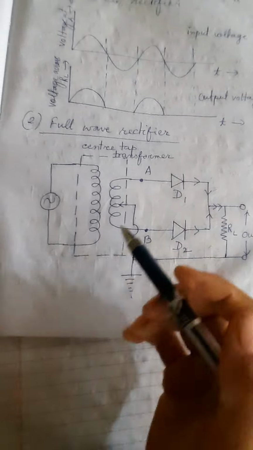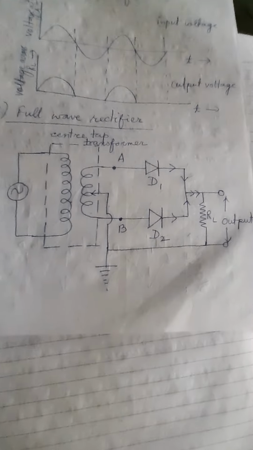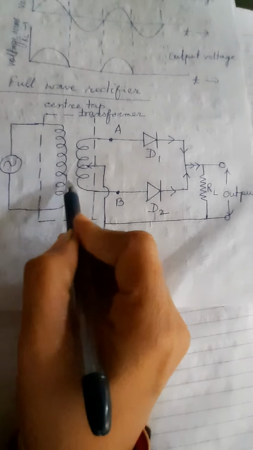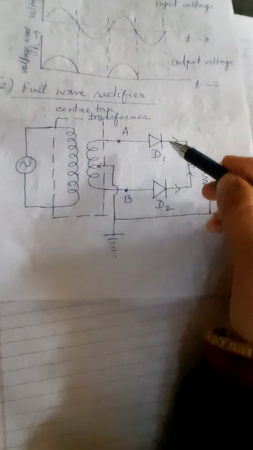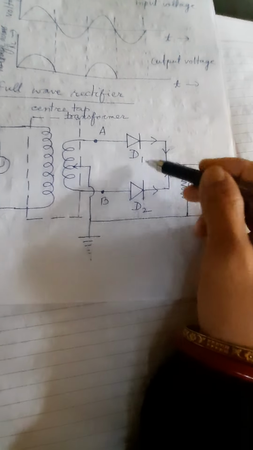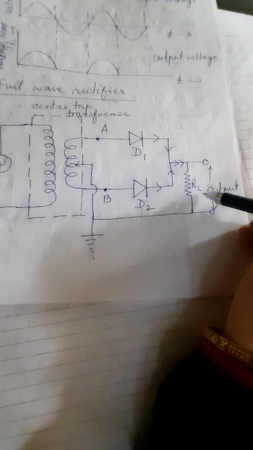Similarly, let us take the full wave rectifier. If you observe the circuit diagram, again one input signal is present, one transformer is present, but two diodes are present instead of one diode. Then another one resistor where we find the output.